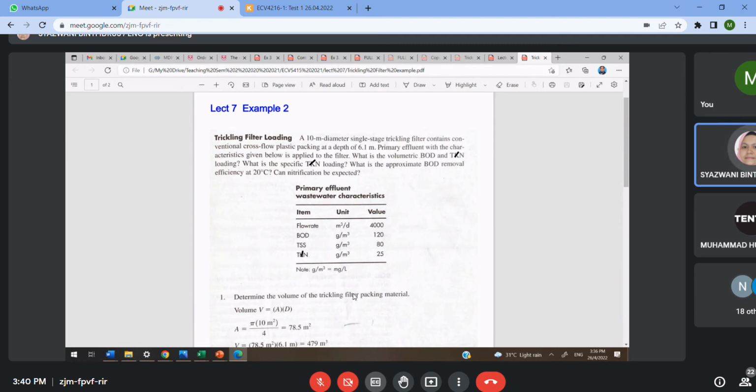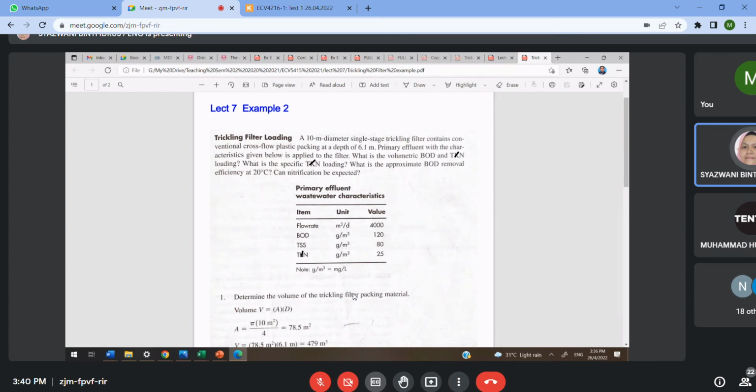A 10-meter diameter single stage trickling filter, the depth is about 6.1 meters. The primary effluent with the characteristics given below is applied to the filter. So calculate the volumetric BOD and total nitrogen loading. I removed K because TKN is total Kjeldahl nitrogen.